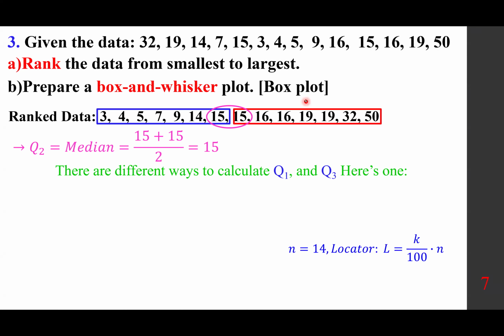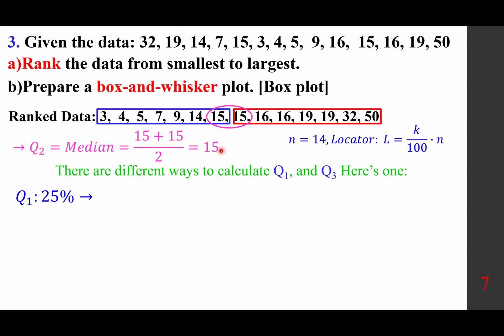So we go with the locator. And we know there are 14 pieces of data. L is K over 100 times N. Remember, Q sub 1 refers to the bottom 25%. So the K for Q sub 1 is 25. For Q sub 2 it is 50, and we don't have to worry about it. We already have that. And for Q sub 3 it is 75%, therefore 75.